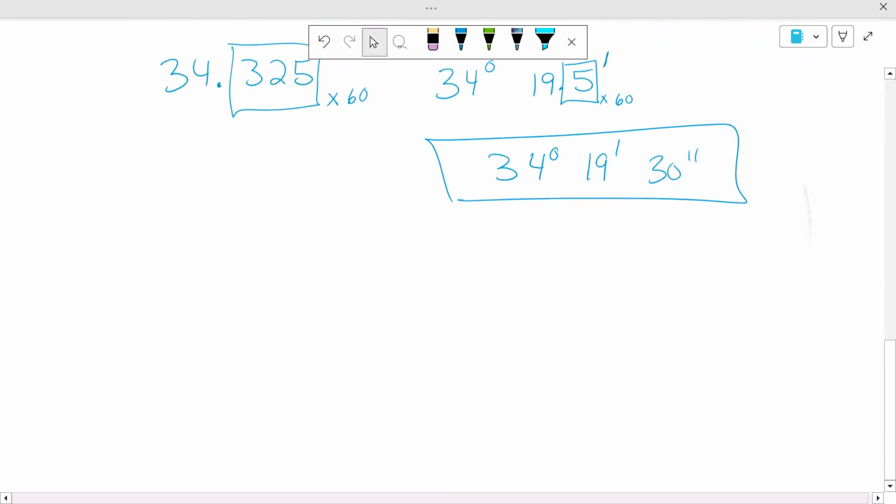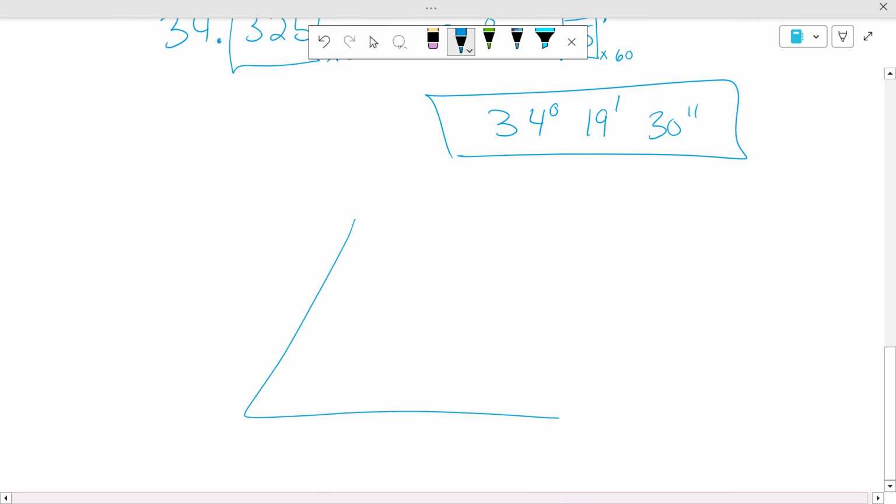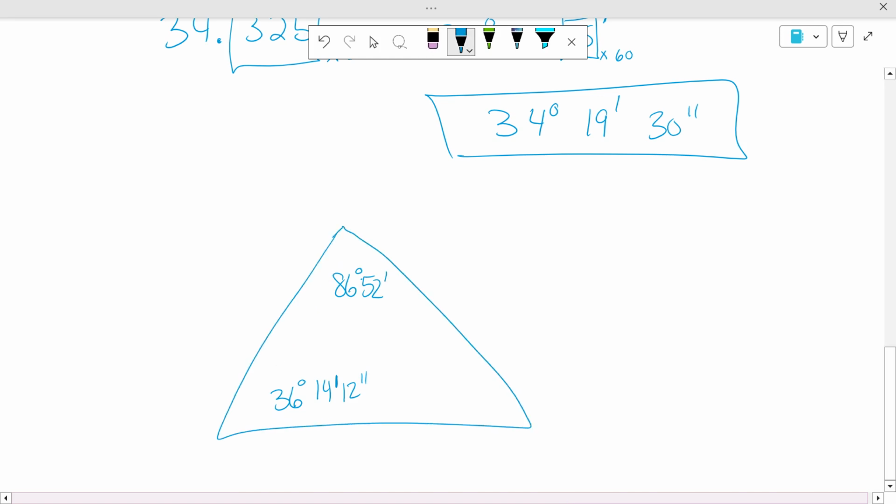So, this is where it gets a little more complicated. A triangle has angles of 36 degrees, 14 minutes, 12 seconds, and 86 degrees, 52 minutes, and 50 seconds.